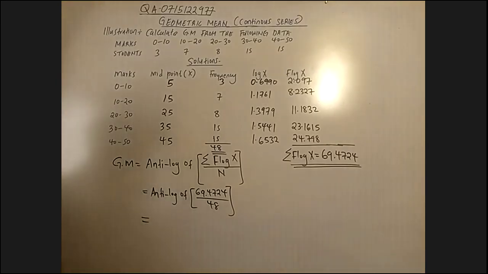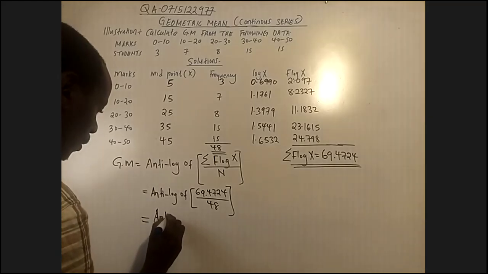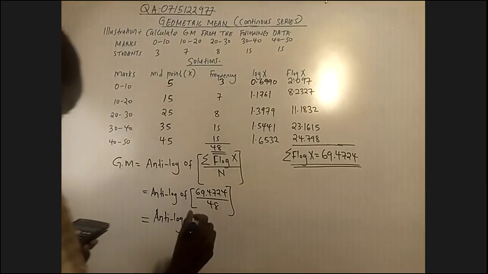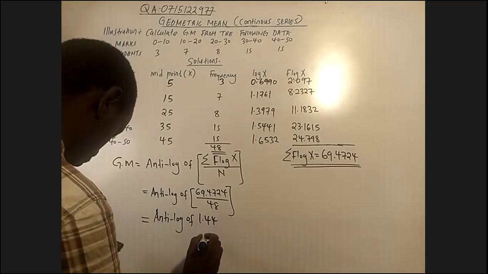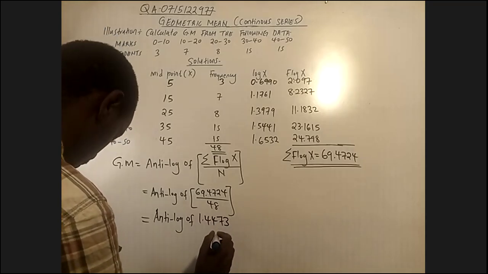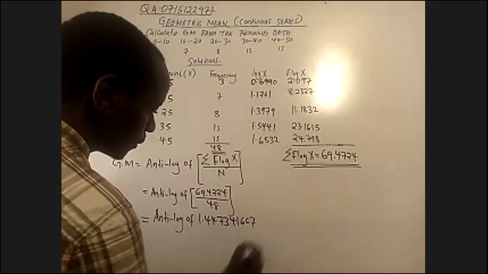It will be 69.4724 divided by 48. It will be the antilog of 1.447341667.